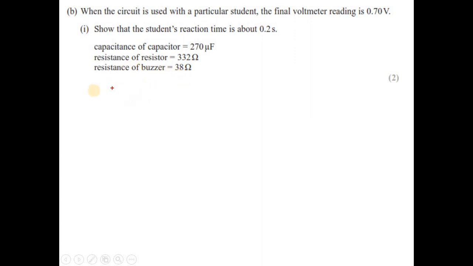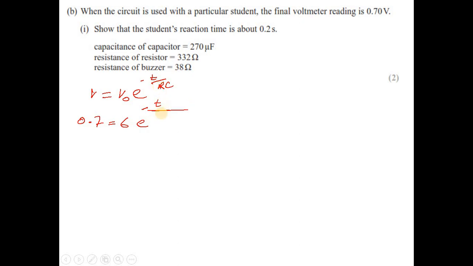We are going to use the same equation, V equals V naught e to the power minus t by RC. Now V is the voltage after time t, which is 0.7, equal to the initial voltage, which is 6, times e to the power minus t, which we need to find, divided by RC.